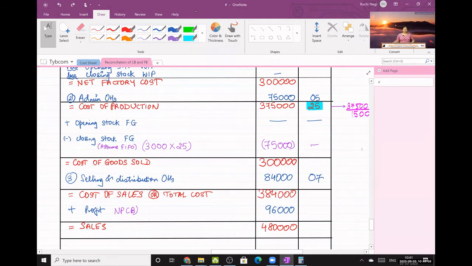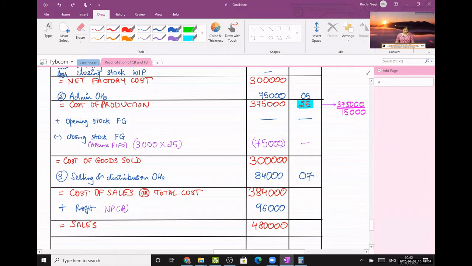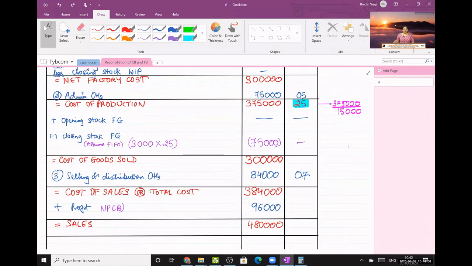So that's my net profit as per cost of goods. Okay. So wherever required, only I'm calculating the CPU. Not required, I'm not calculating. So that leeway you can take. Okay. So next lecture we'll complete the working note and the reconciliation statement.